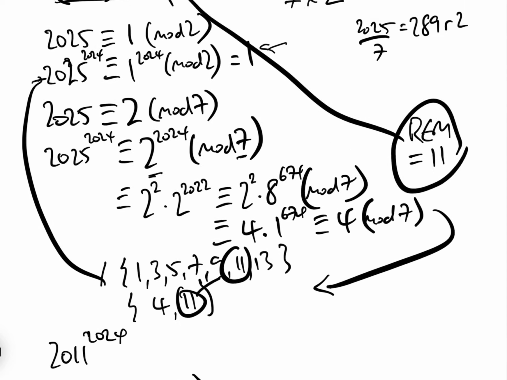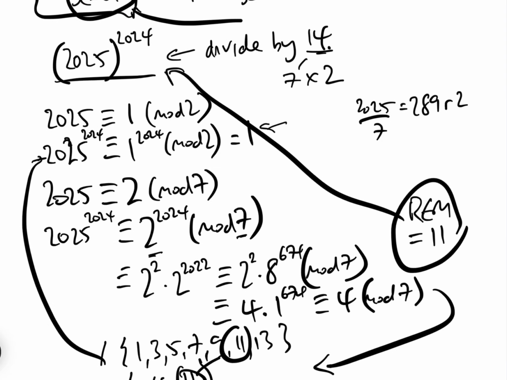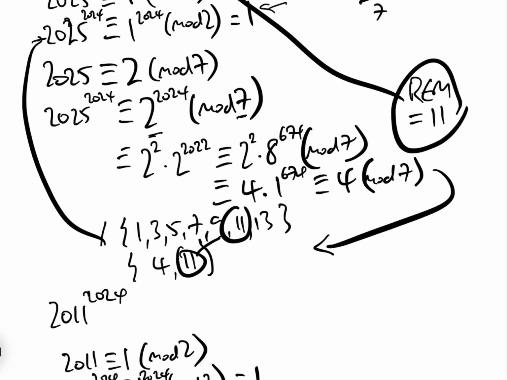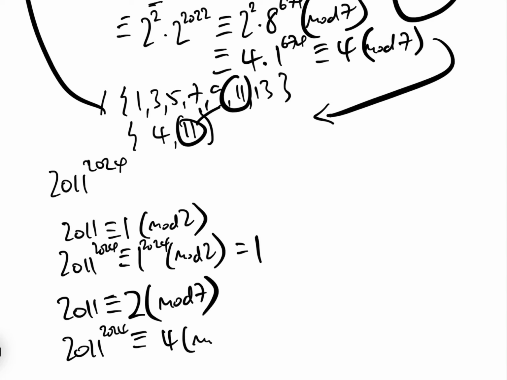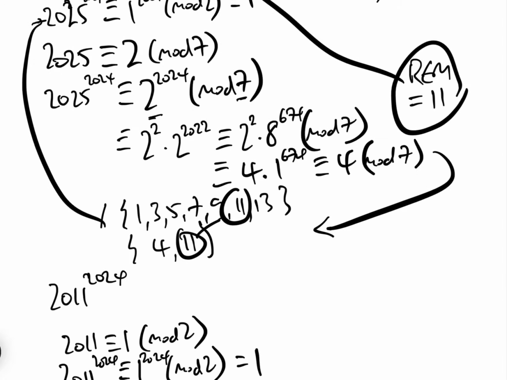We can piggyback off the previous one. We already worked out that 2025 divided by 7 leaves 2, so 2011 divided by 7 clearly leaves a remainder of 2 as well because it's 14 less. So 2011 equals 2 mod 7, and so we don't need to repeat all of what we just worked out. We therefore know that 2011 to the 2024 equals 4 mod 7, just by using the same logic.